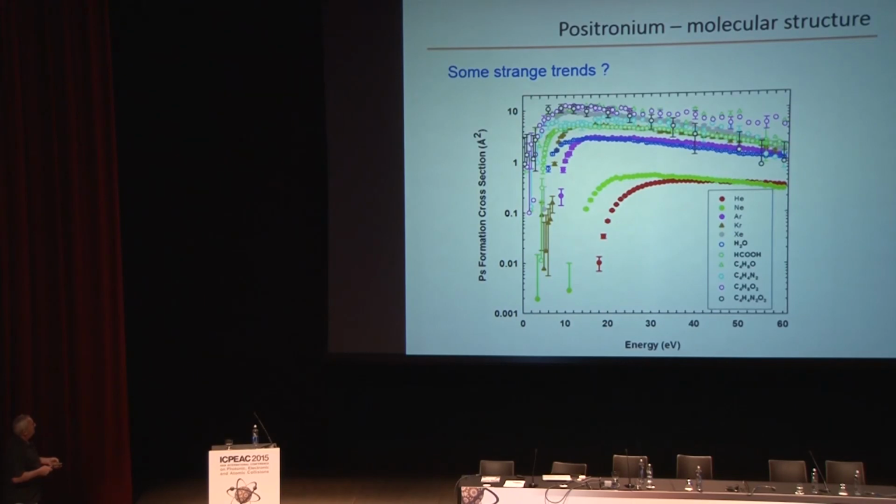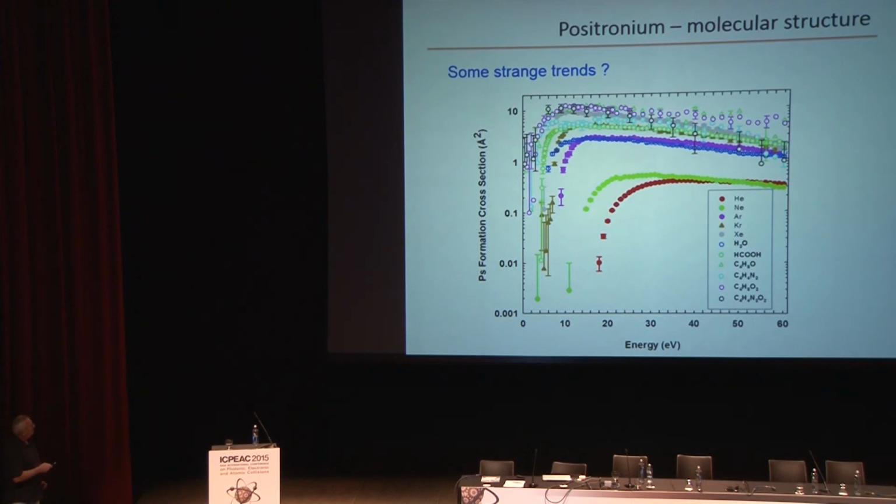I'm going to finish up here almost with something strange that we found in the trend for positronium measurements. One might typically think that the maxima here in these positronium cross-sections would largely scale with the number of electrons that you have in the system. And for the rare gases, we see that the positronium cross-section increases as we go to the heavier rare gases.